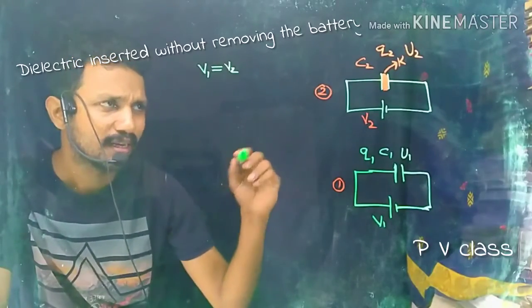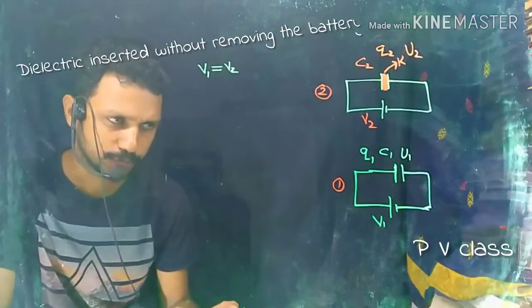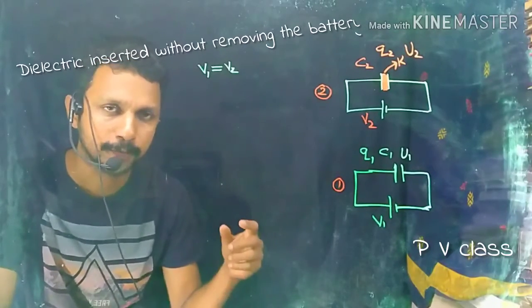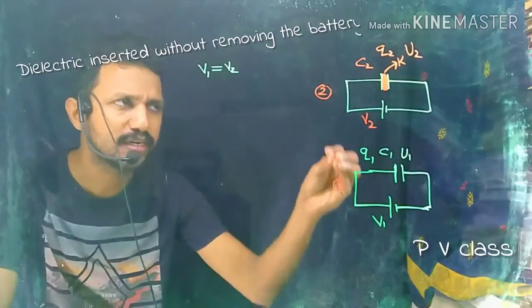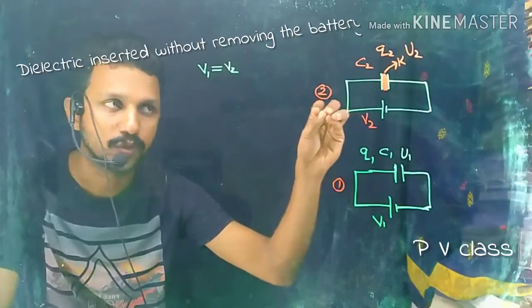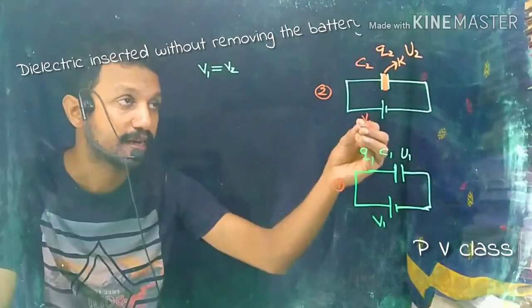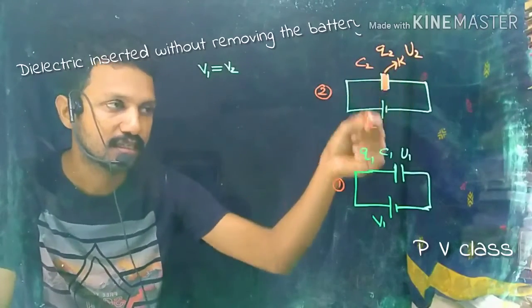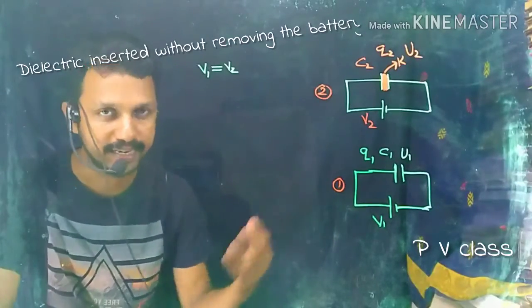Then let's analyze the capacitance. Recalling our previous knowledge, if we introduce a dielectric into the capacitor, its capacitance will increase. If a dielectric of dielectric constant K is introduced, the capacitance will increase by K times.